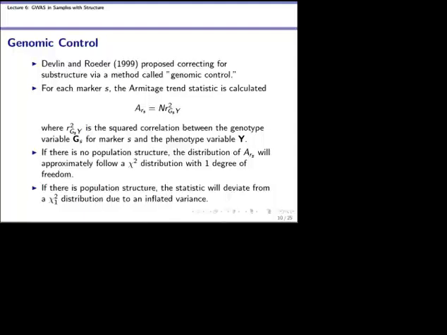So essentially, the idea behind genomic control is you use the genome to control inflation. This tells you how inflated the statistics are, because this is what we expect if there's no inflation and this is what we observe. The difference in these two distributions tells us about inflation. We're using the genome first to estimate inflation, and once we determine how inflated the test statistics are, then we can adjust for it.